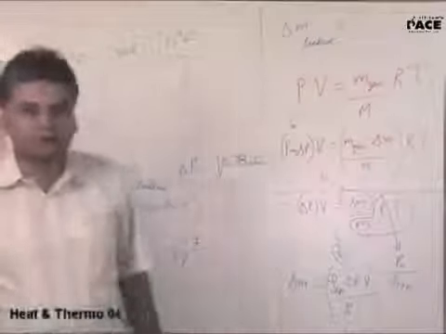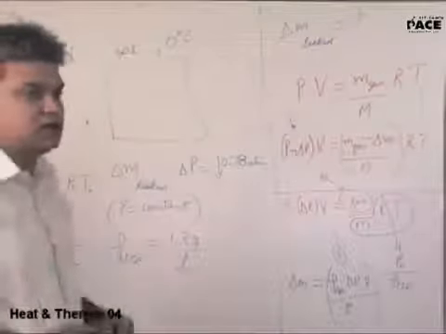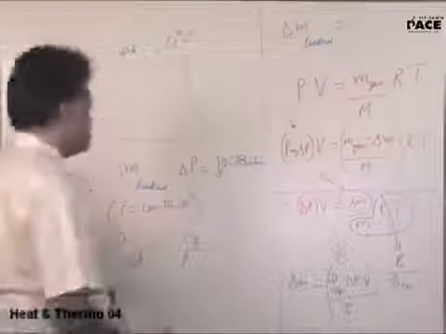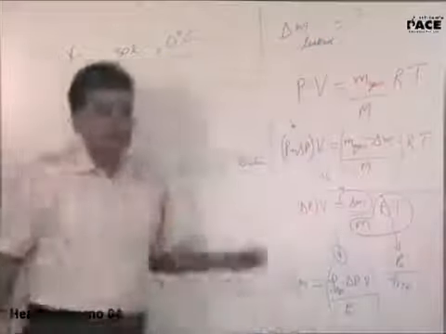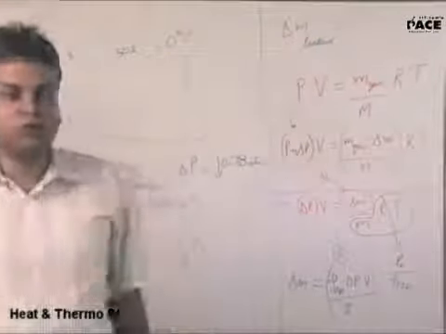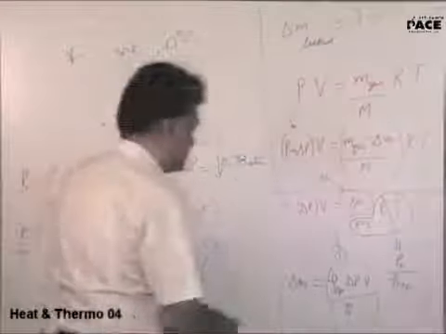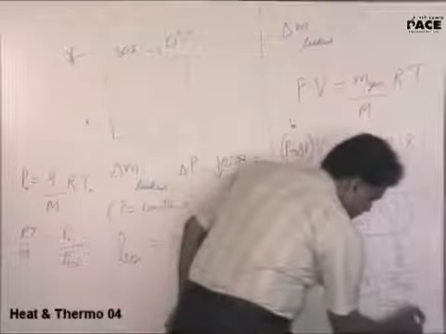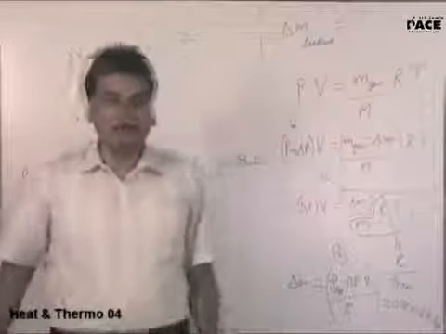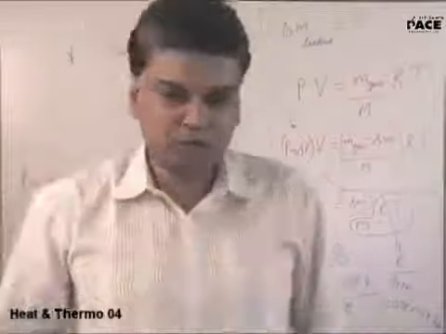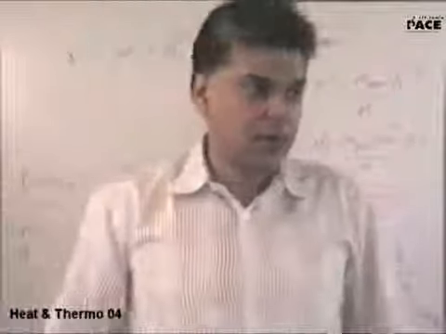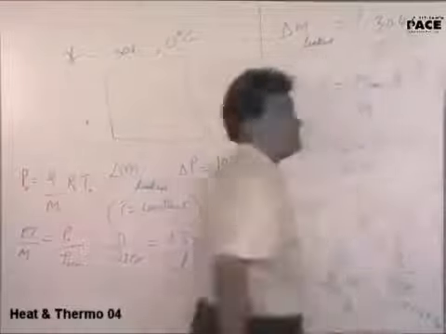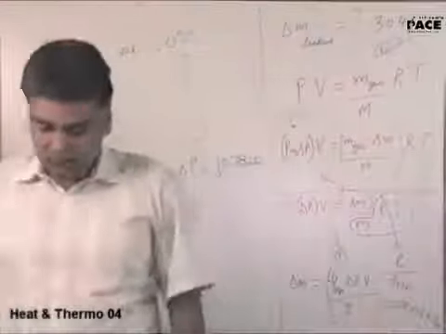Rho is 1.3, delta P by P naught is 0.78, volume is 30. So 1.3 into 0.78 into 30 is 30.42. So I think you're getting it as 30.4 grams, right? Well, that's the answer. 30.4 grams is the gas leaked out.